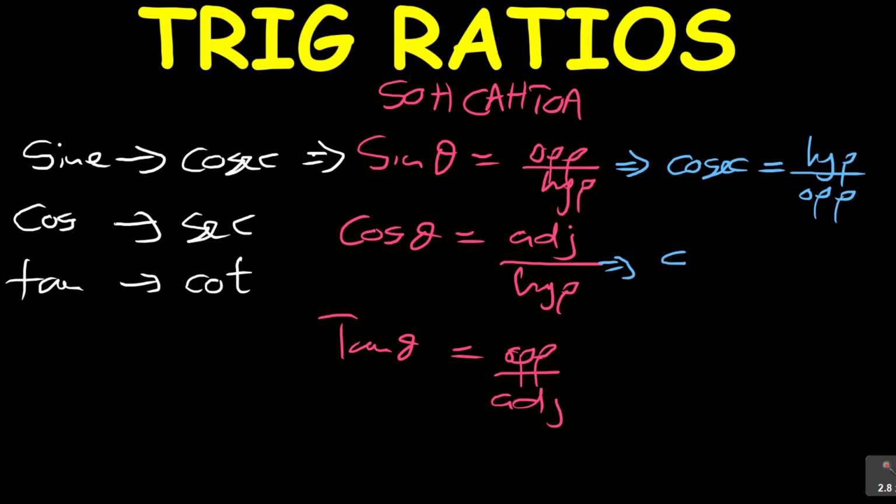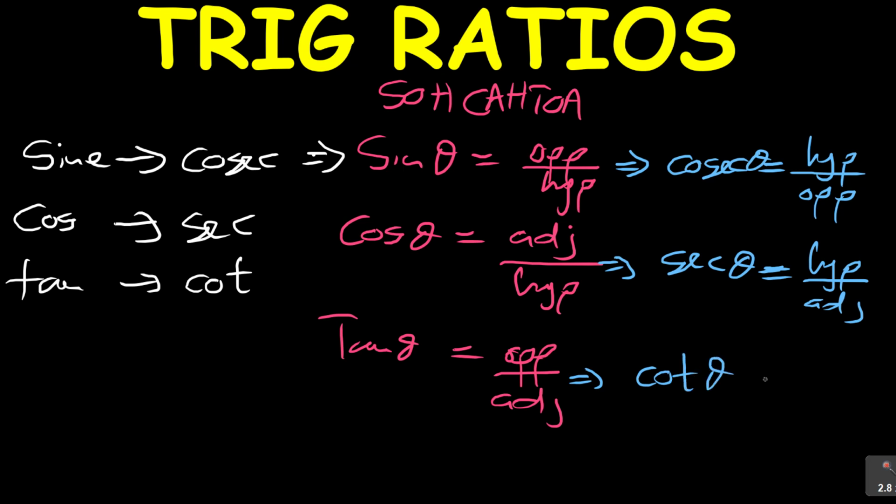It becomes sec theta. You also invert that, which becomes hypotenuse over adjacent, and also tan becomes cot theta, which is equal to adjacent over opposite.